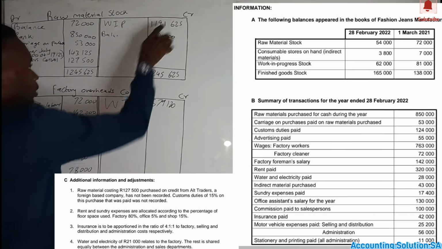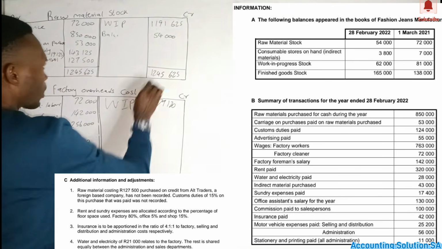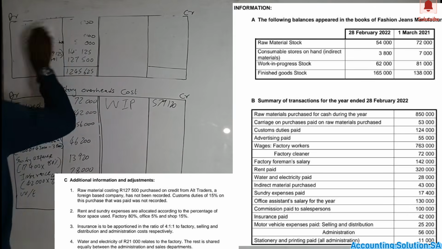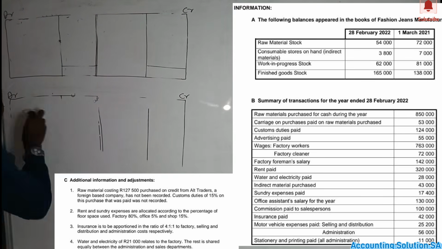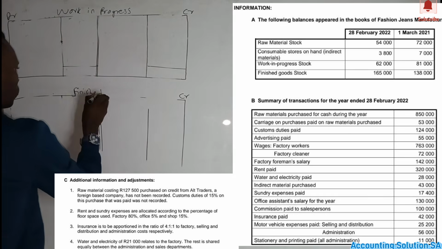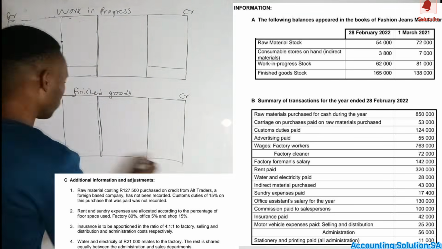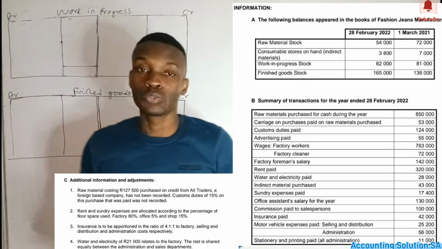We're just going to use these balances to transfer them into work in progress. Okay, so now let's continue, guys.